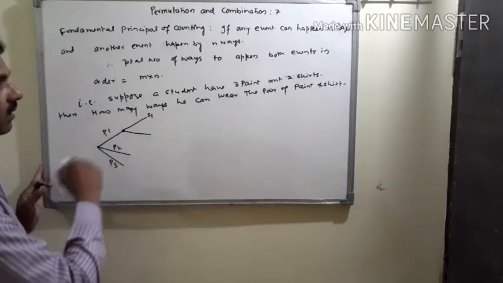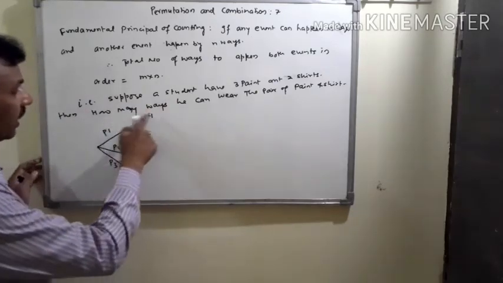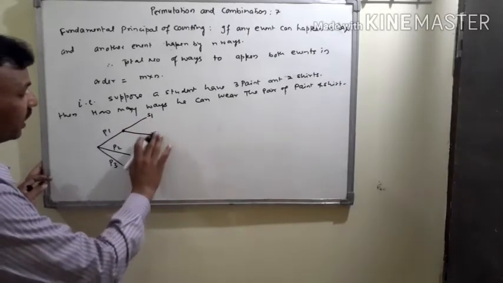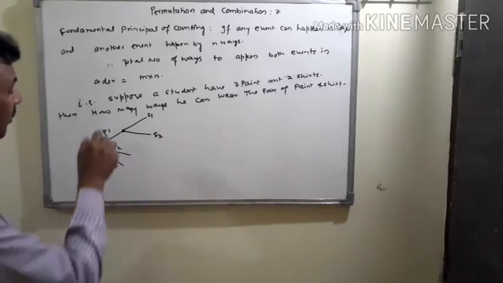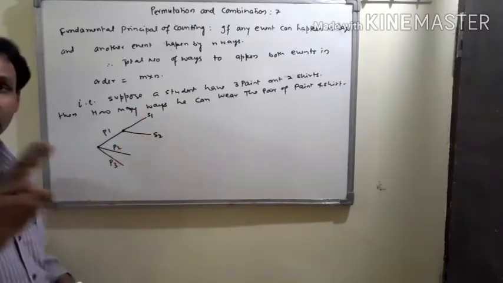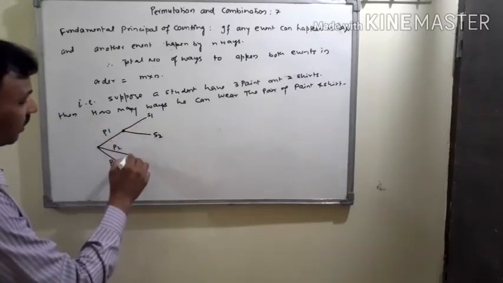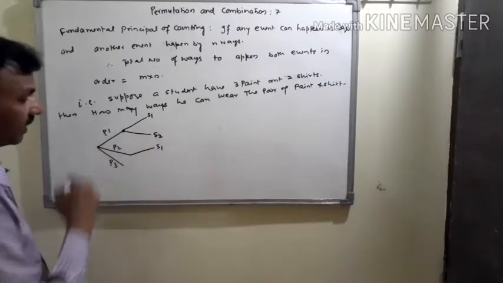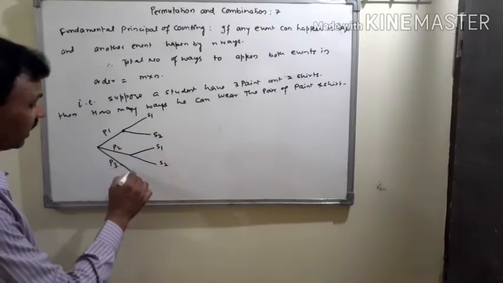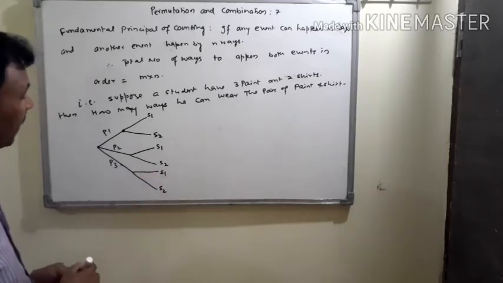Suppose S1 and S2 are the shirts, then P1 S1 and P1 S2. That means the P1 pant can be worn with shirt S1 and shirt S2. There are 2 ways. Again with pant P2, he can wear S1 and S2 also. And in the same way, he can wear S1 and S2 with pant 3.